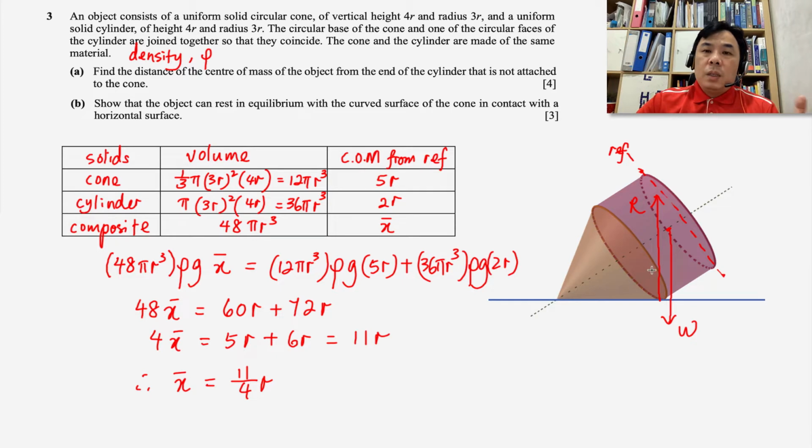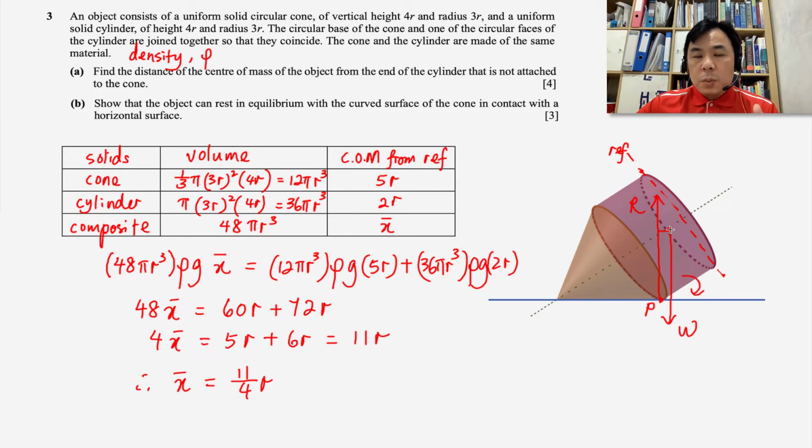Now, if we take the moment about this pivot here, this weight would cause a turning effect clockwise. You can see that this is the only force acting with respect to the pivot that will cause a turning force clockwise.